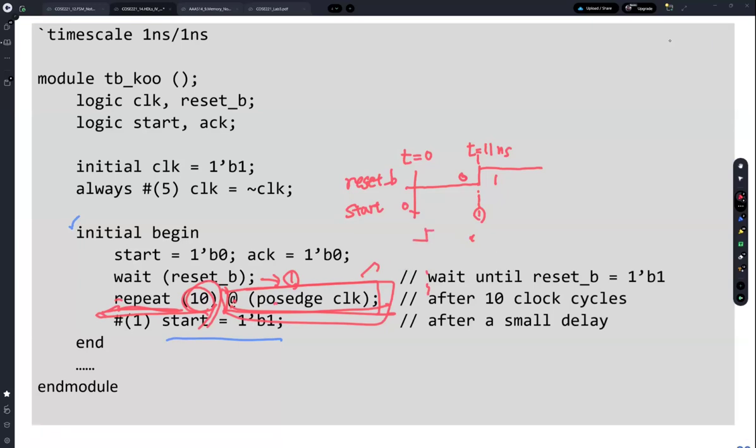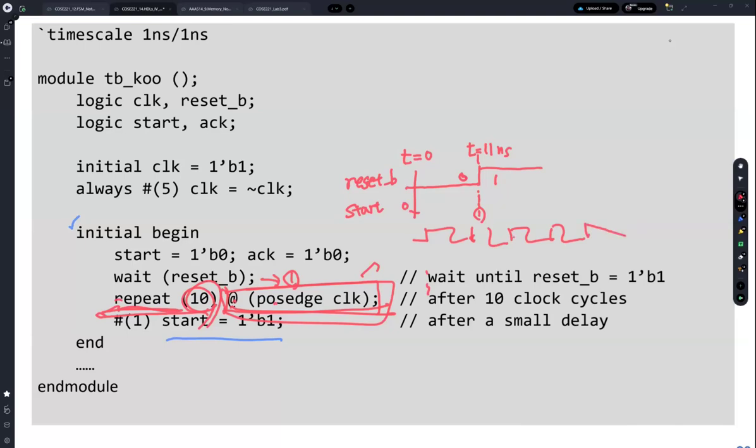So it is equivalent to at positive edge of clock, at positive edge of clock, 10 times of repetition. It's a clock signal, and we just wait 10 cycles of clock. So many clock edges, we wait many clock edges.